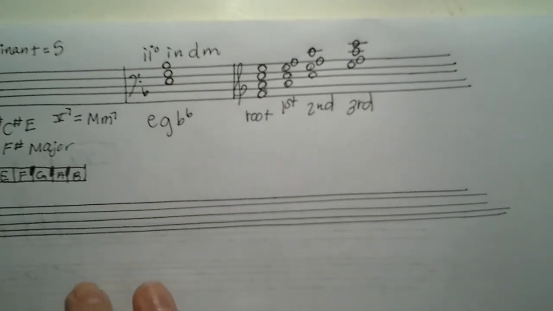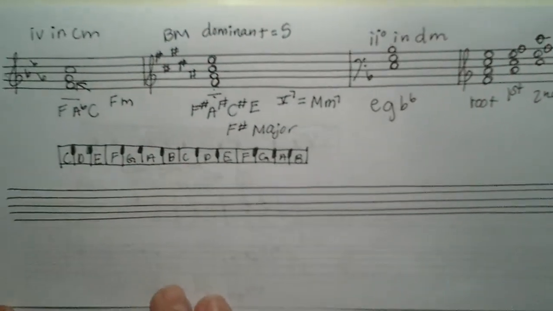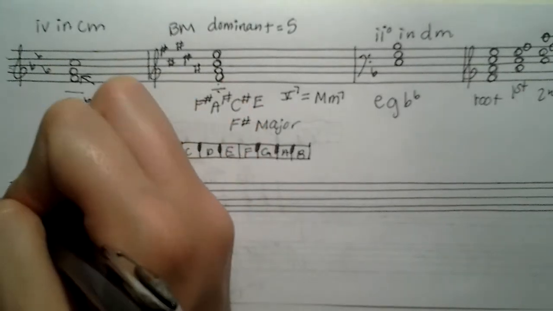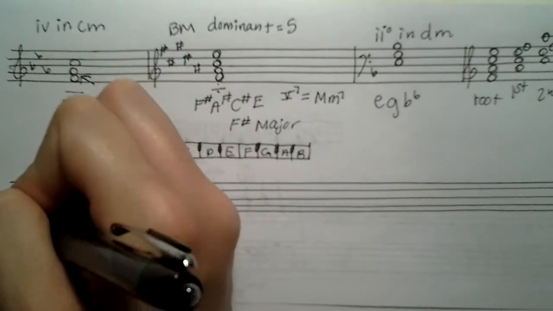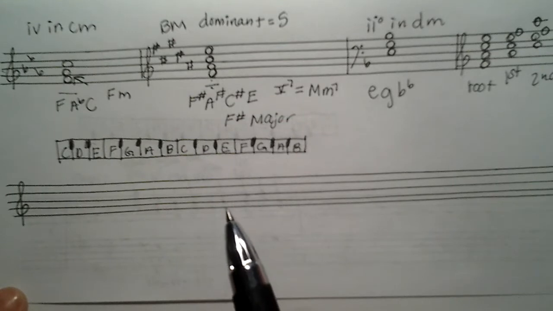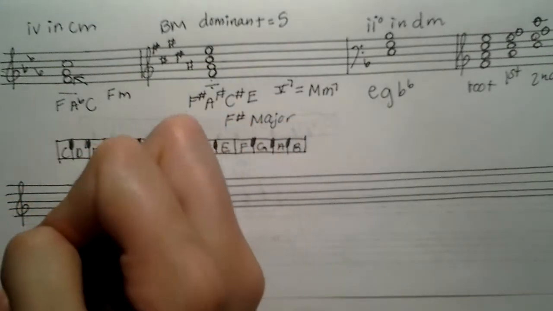So let's do an example really quickly. Let's say that you are given a chord and it asks you what the bass is, what the root is, and what the position is.